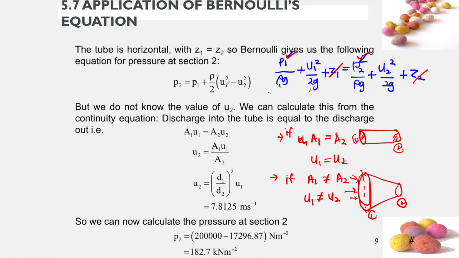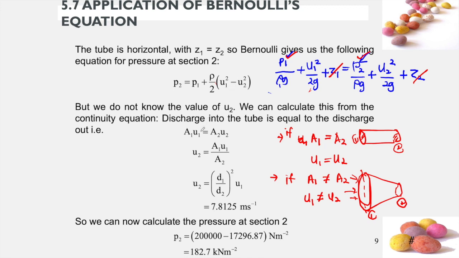Now in this question, we have already been given U1, the velocity. But what about U2? If we do not have U2 and we do not have P2 value, this equation will have two unknowns. In order for you to solve this, we know that we have the continuity equation.